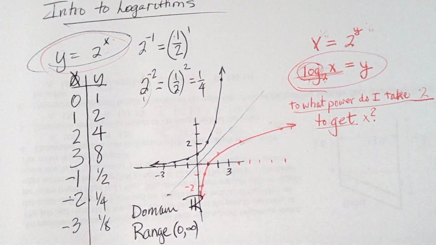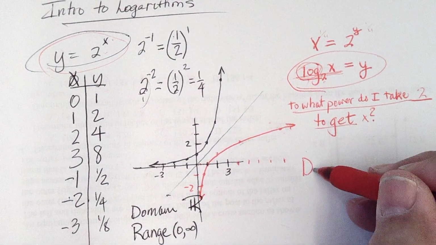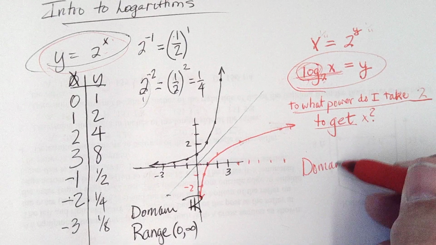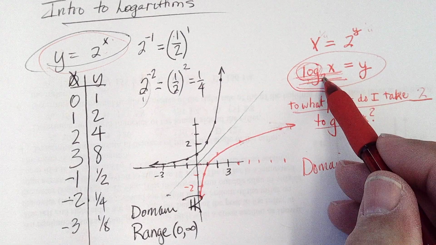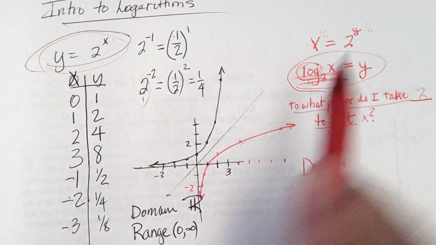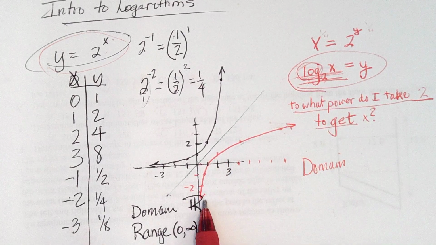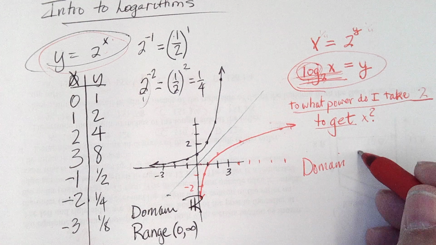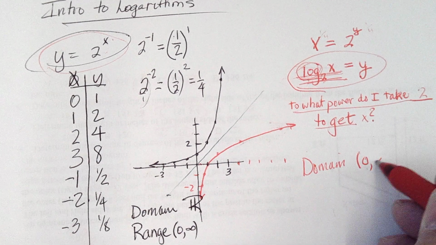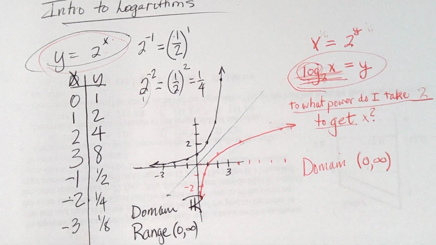So, what is the domain for the log base 2 of x? Well, the domain of this thing is from 0 to infinity, not including 0. And that's an important feature that I want to get you to realize.